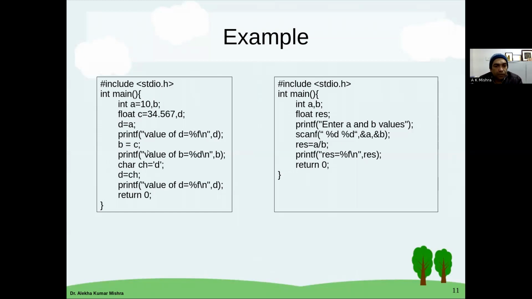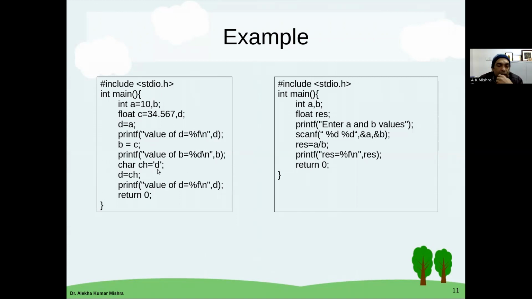The compiler knows that when forced, there will be loss of data because we lose the decimal part. But in recent compilers, it happens automatically. C will be converted into integer type by truncating the decimal part. So when we print b, we are going to get 34.